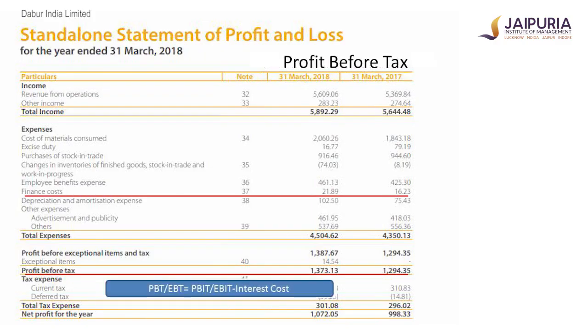Now talking about the next level of profit, that is profit before tax, that is pre-tax profit. Profit before tax is arrived at by deducting the interest and finance expenses from EBIT. This indicates the profitability of the enterprise after charging all costs and expenses other than tax.